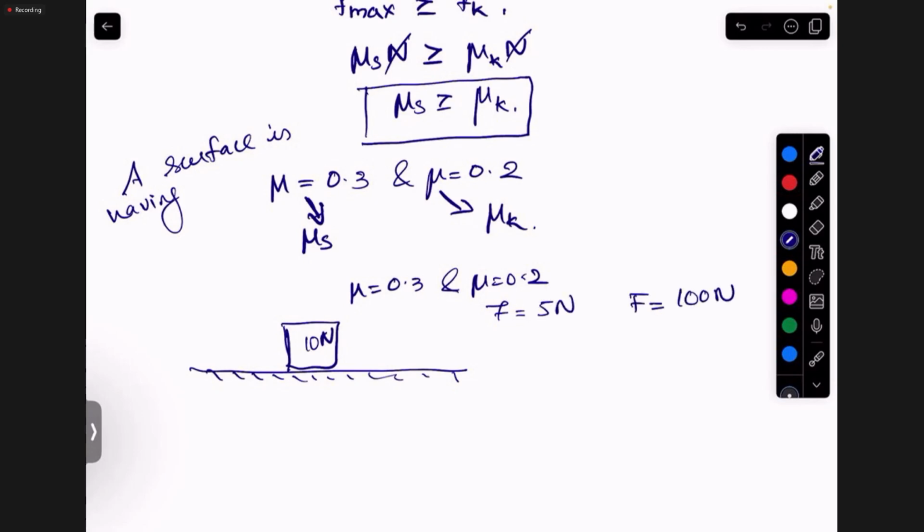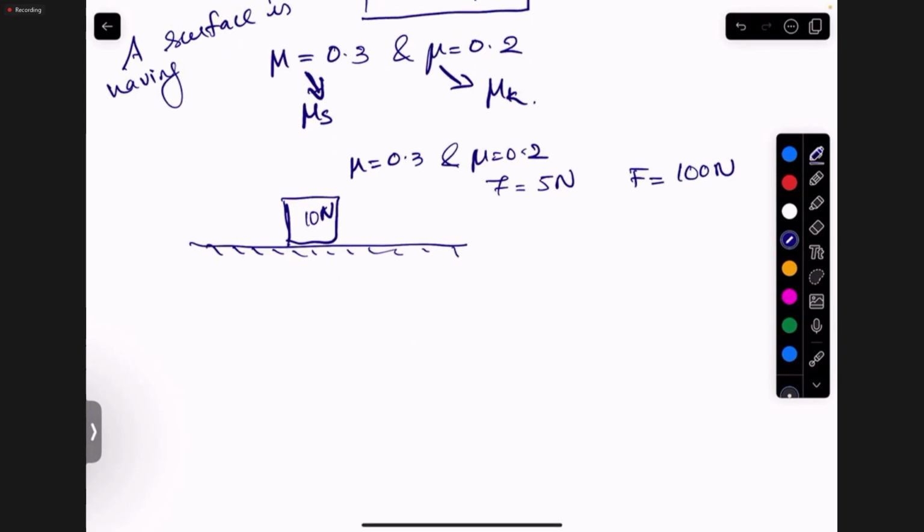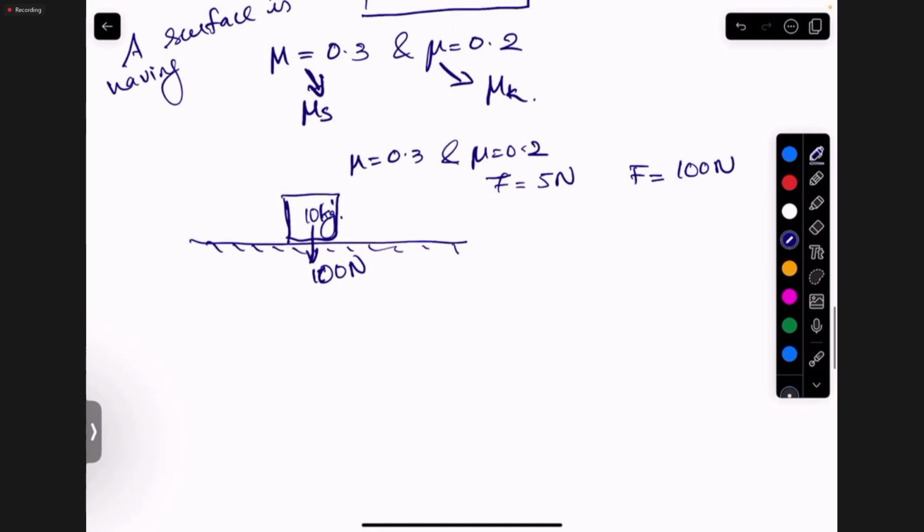The block is 10 kg, which will give a normal reaction of 100 Newton. So for the first case, F equal to 5 Newton, first I'll calculate F max. Okay, F max is what? 100 times.